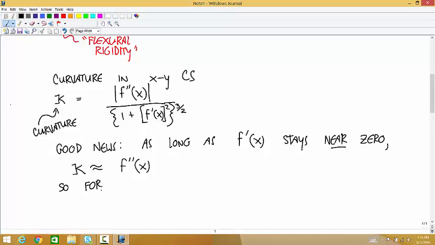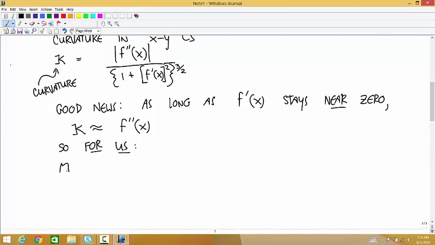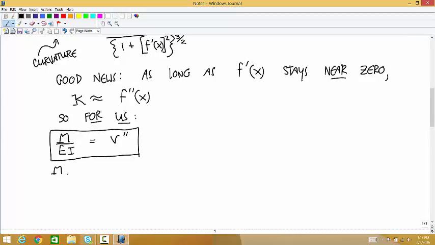So for us, because we're always assuming small deformations, the bending moment divided by the flexural rigidity is equal to v double prime. M is a function of x.